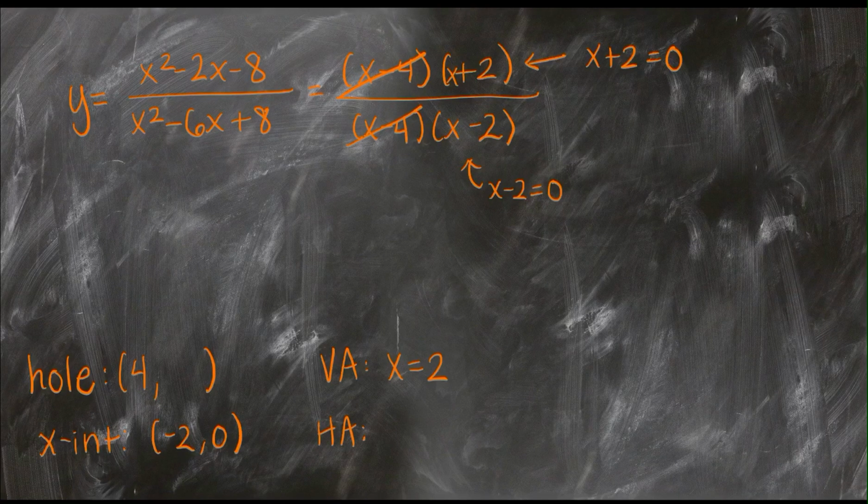What do we look at for horizontal asymptotes? The degree of the top and the bottom and how they compare. Well, they're the same, so what happens when they're the same? Our horizontal asymptote is going to be y equals the ratio of the leading coefficients. In this case, we've got 1 and 1. So y equals 1 over 1, which is 1.